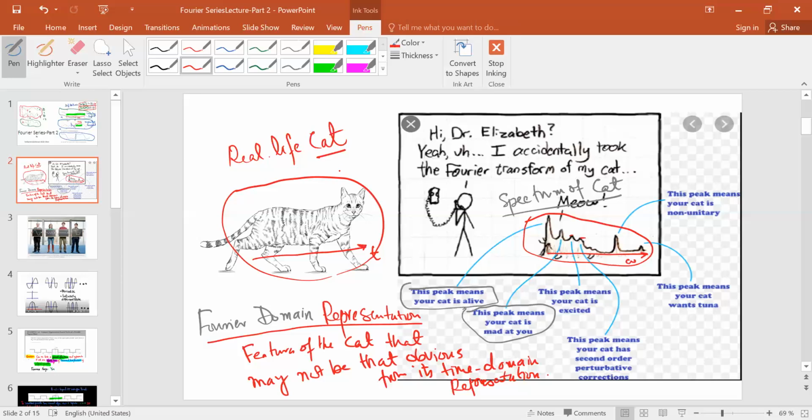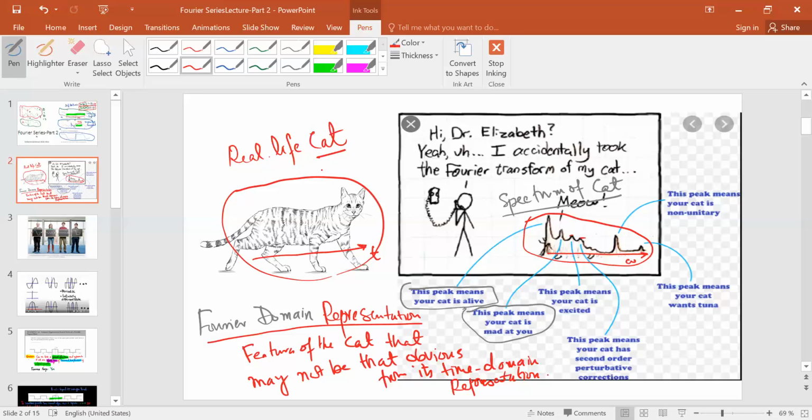helps you in analyzing the signal in a much better way than we can in the time domain. So it's like an analysis tool. It's a tool that lets you see certain features that may not be that clearly visible in their time domain representation.